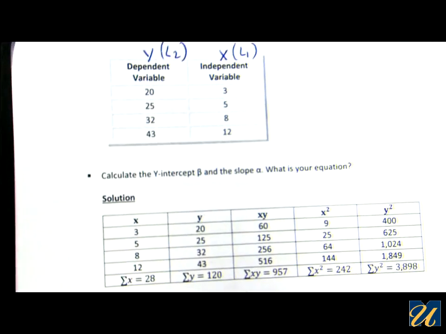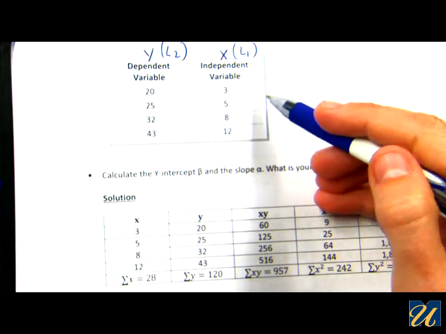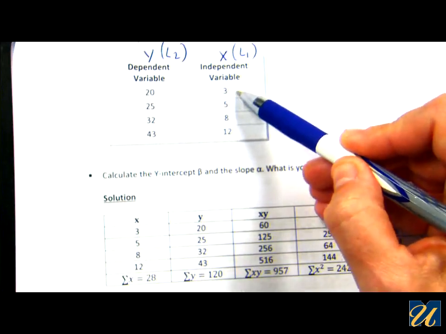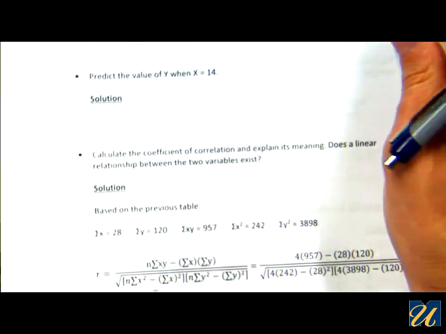Now, I want to predict y when x is equal to 14. That's the next question. Predict y when x is equal to 14. You go back to your original data set. You check for x minimum, which is 3, x maximum is 12. Notice that 14 is greater than the x maximum.